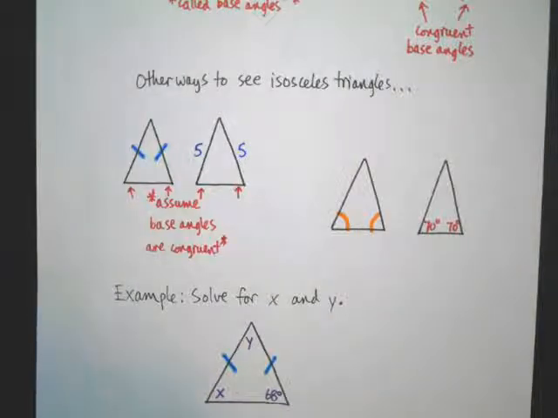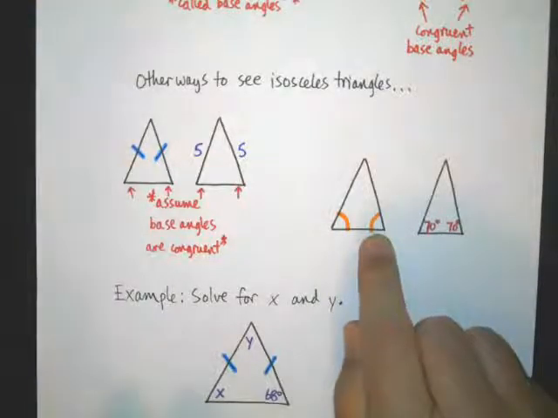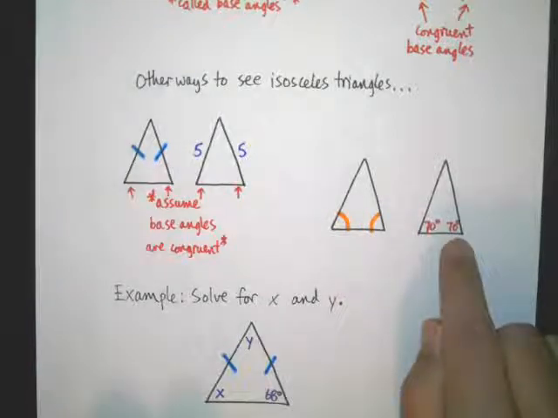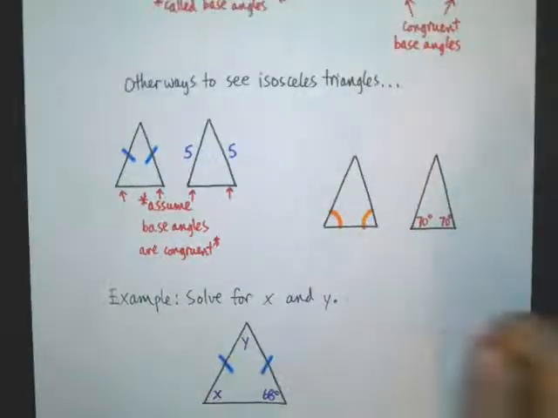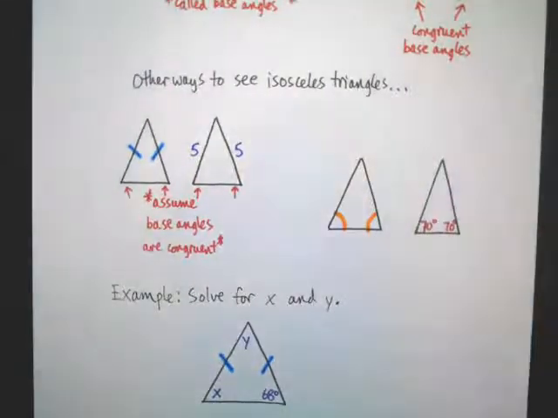Well, on the other hand, let's say that we looked at an isosceles triangle and just the base angles are marked as congruent, either by the curves or because they've got an equal measure. As long as the base angles are congruent, we can assume that the legs are also congruent.